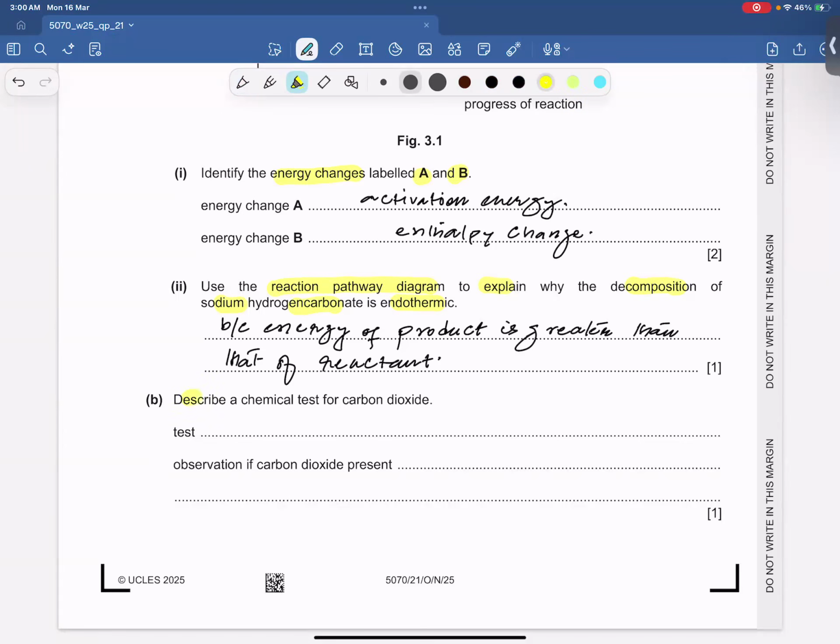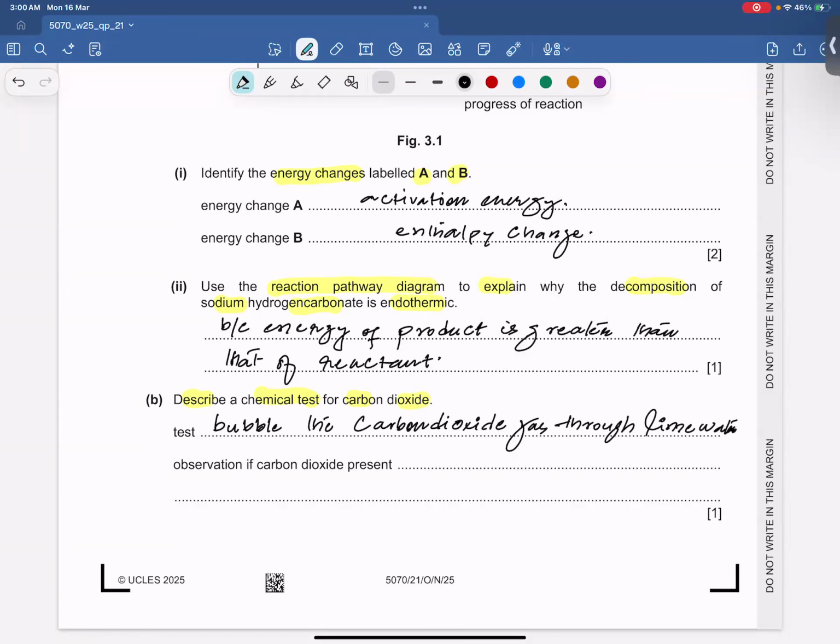Okay, next part. Describe a chemical test for carbon dioxide. Bubble the gas through lime water, or pass the gas through lime water.